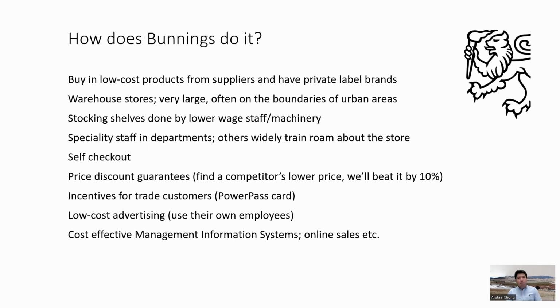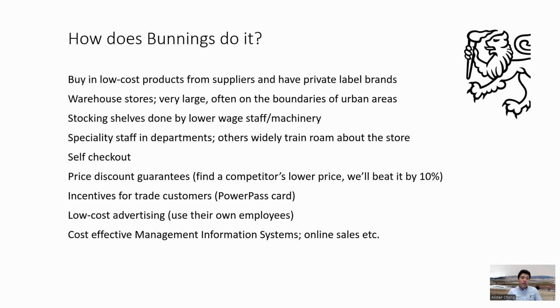They buy in very low-cost products from suppliers and have private label brands. Particularly, they buy large numbers of products at the same time. Their warehouse stores are often very large and can house a wide array of products. You look in the Bunnings, you can go and buy pretty much everything you need, and they are often not in a city, but on the boundaries of urban areas because people treat them as a destination store.